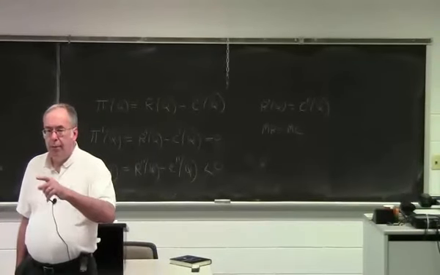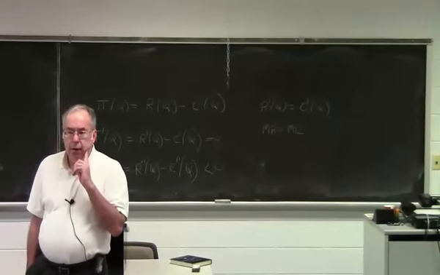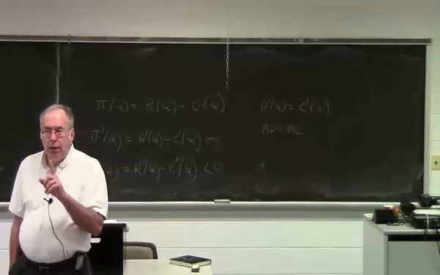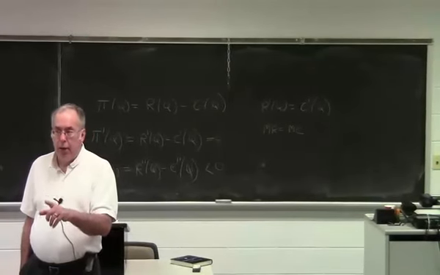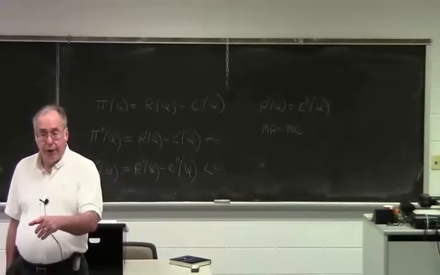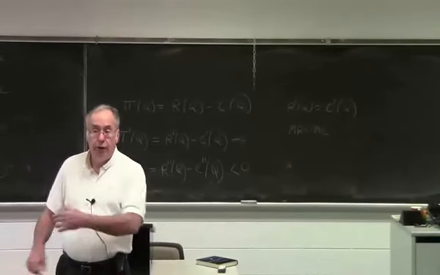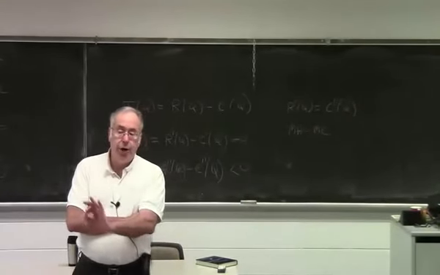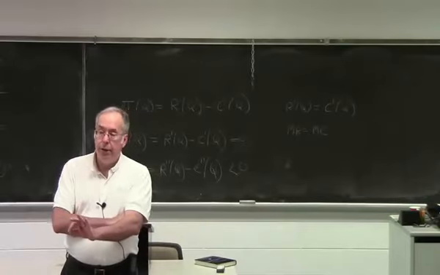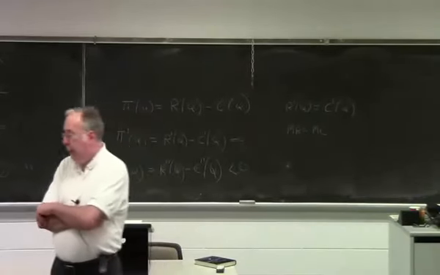It's the derivative of revenue with respect to output. R prime of Q is just the derivative of revenue with respect to output. Or, in economic terminology, R prime of Q is marginal revenue. By definition, it's marginal revenue.